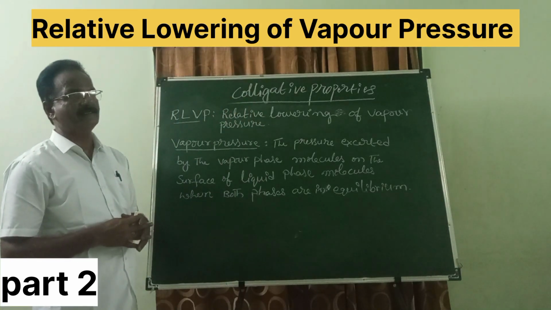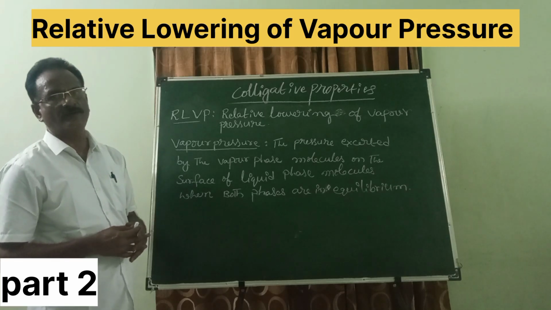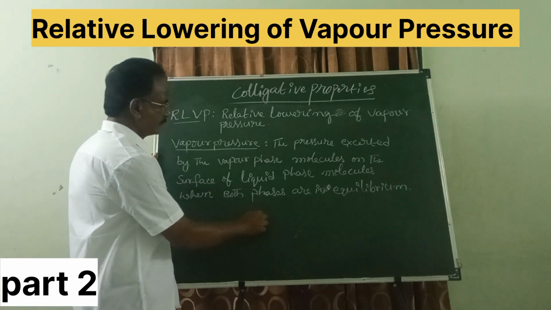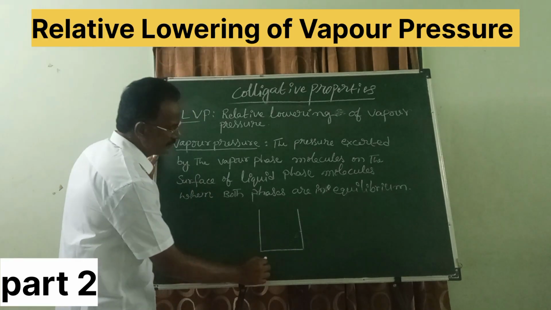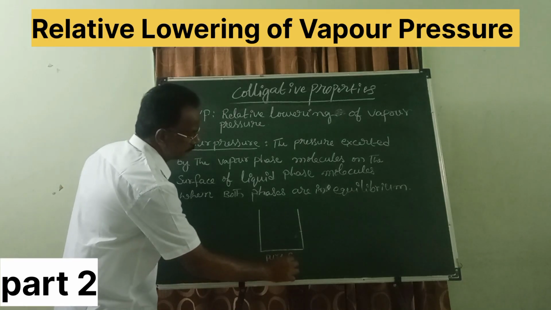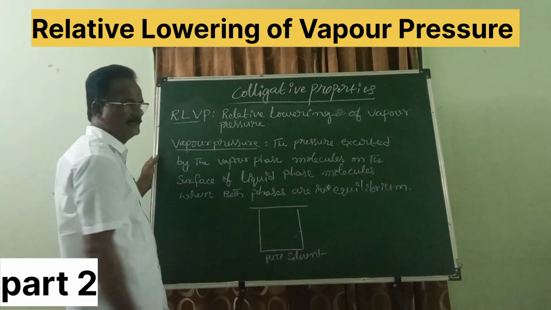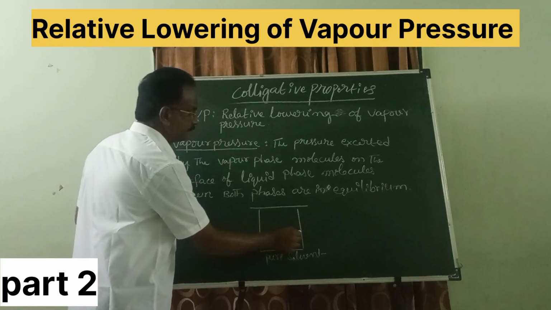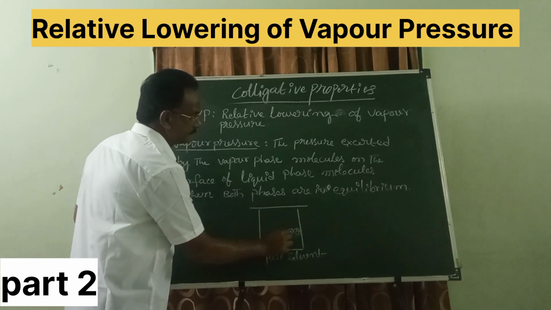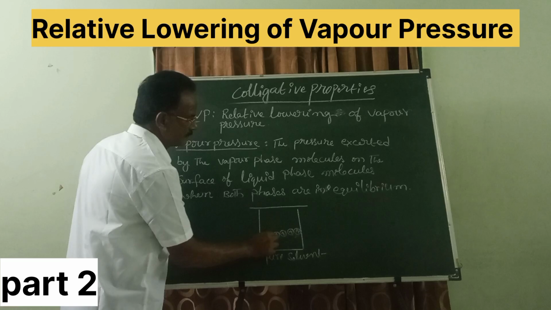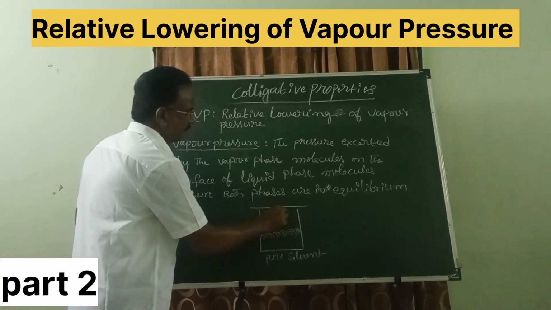Now let us see this phenomenon with an illustration. When we take a pure solvent in a closed container, then the existence of a liquid phase and the existence of a vapor phase will take place.